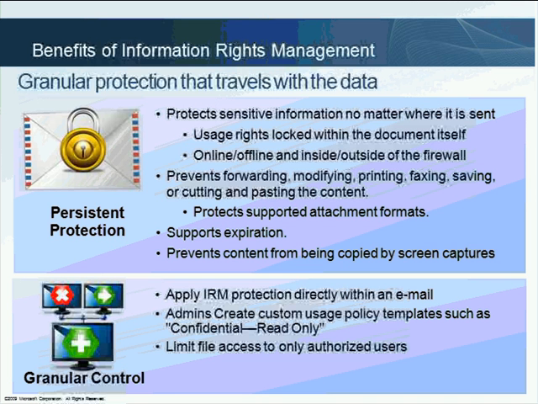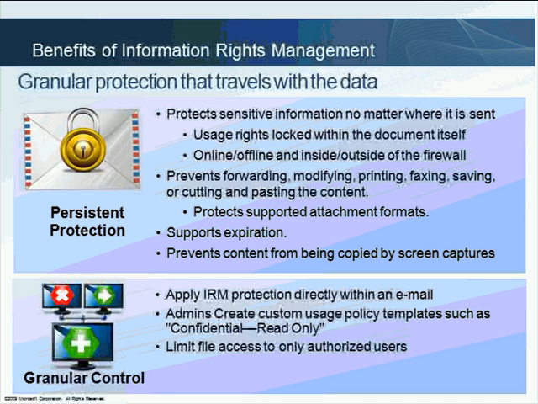So, benefits of information rights management: granular protection that travels with the data. As I told you, if I'm accessing my mails from Outlook Web Access or from my public computer, and I want to access my protected mail, I can do that in real time with the help of the new Exchange and the new client.